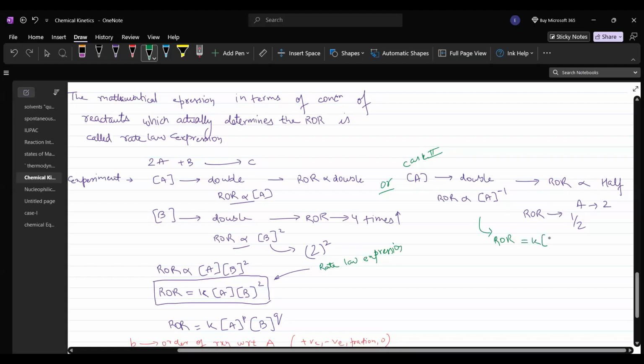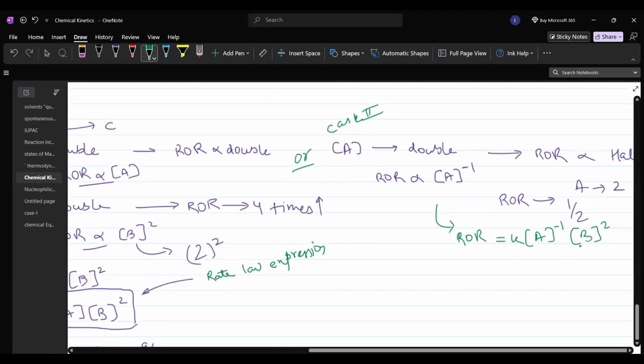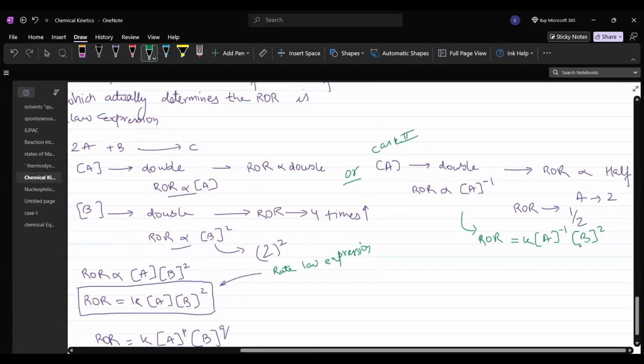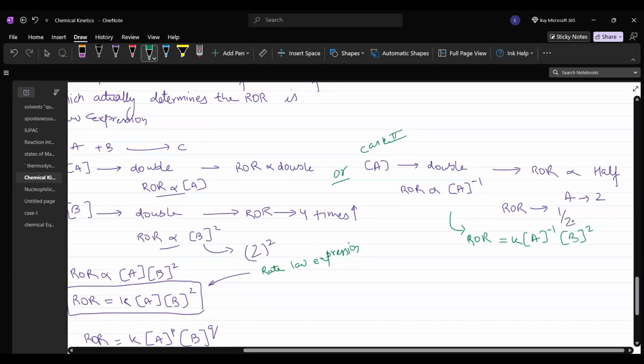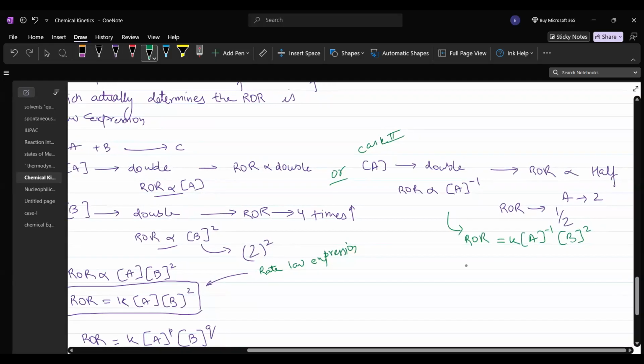A to the power minus 1, B squared, right? B is 2 here and for A we are getting minus 1. So what will be the order, Rishita? It's 1. Good.